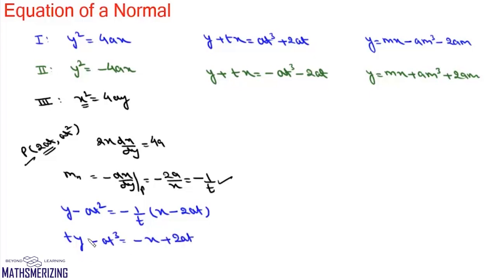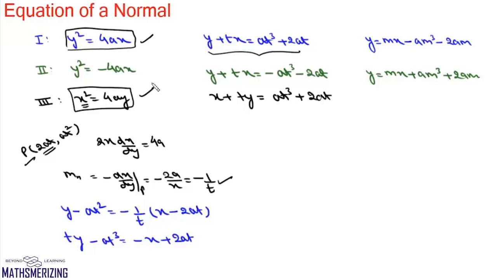So we can write this equation as x plus ty equals at cube plus 2at, which is nearly the same as the first equation. So if in the first form we interchange x and y, we get this third form, and if in the equation of normal to this first form we interchange x and y, we get the equation of normal for this third form, which is x plus ty equals at cube plus 2at.